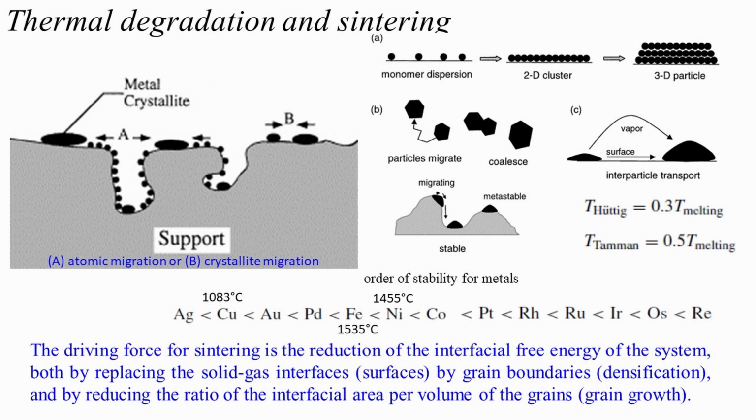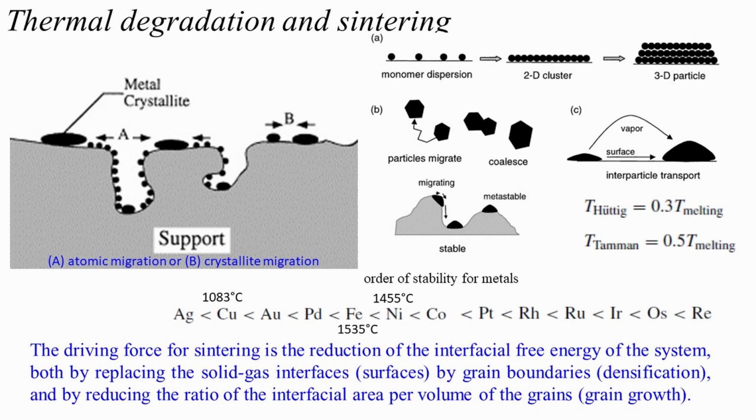Most of the sintering and redispersion work has focused on supported metals. Three principal mechanisms of metal crystallite growth have been advanced. First, crystallite migration. Second, atomic migration. Third, at very high temperature, vapor transport.